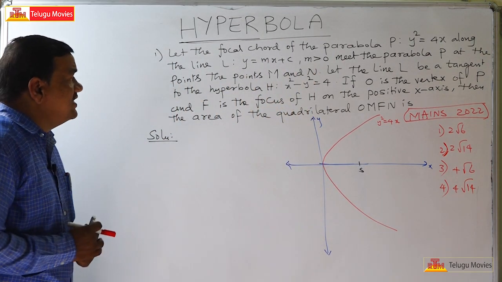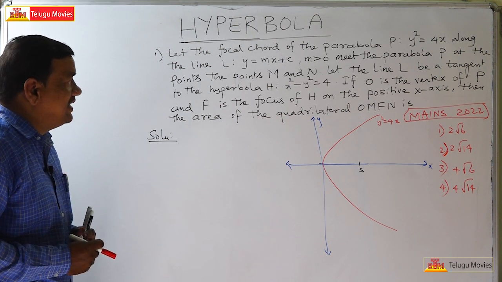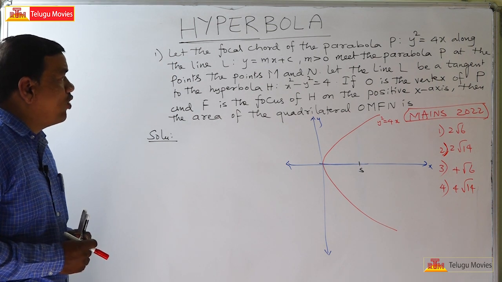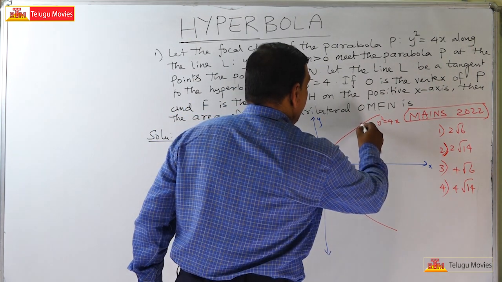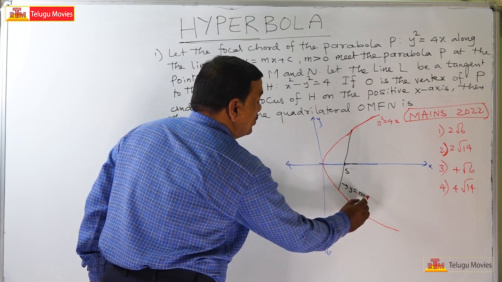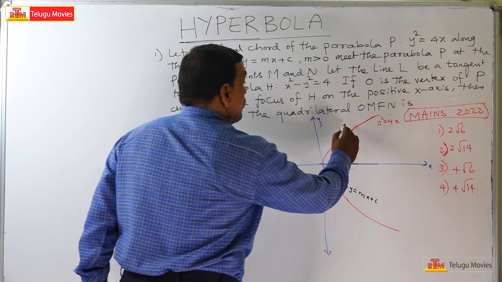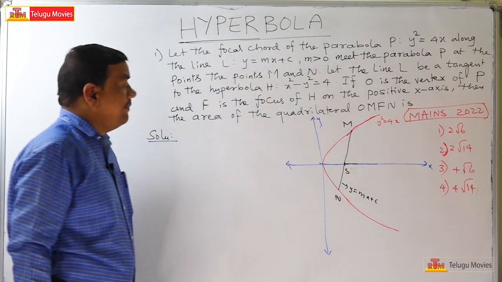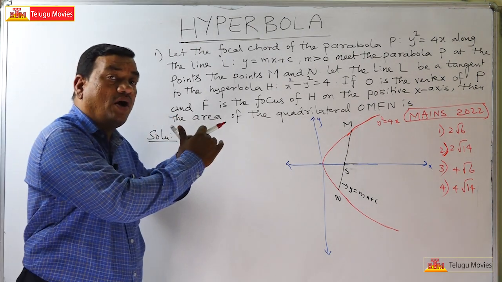The line L, y is equal to mx plus c, where m is positive, meets the parabola P at the points M and N. So there is a focal chord. It meets the parabola at M and N. So this is M and this is N. Very nice, the parabola part is over.